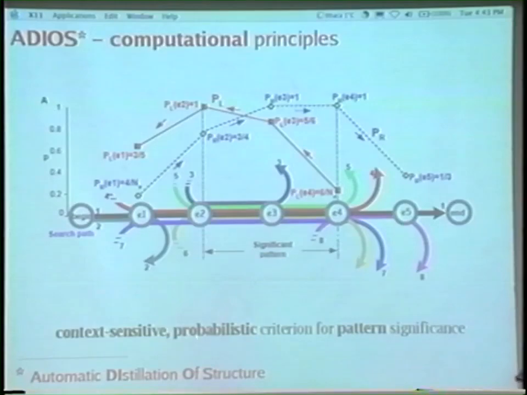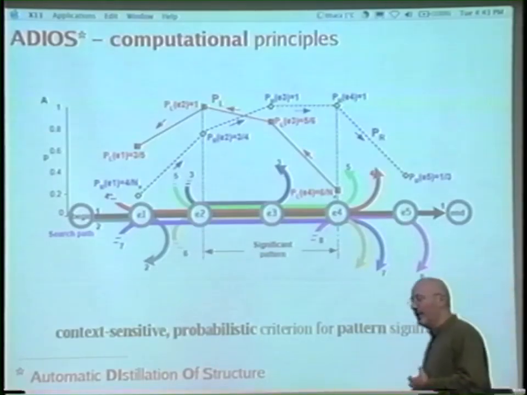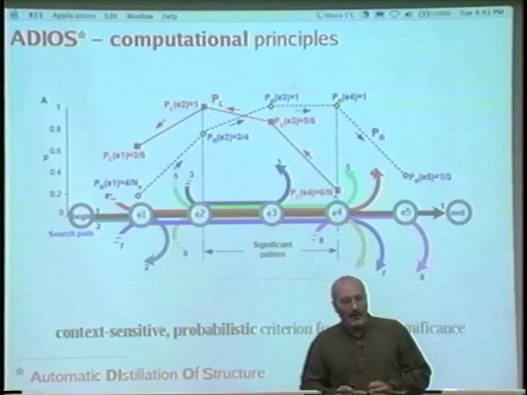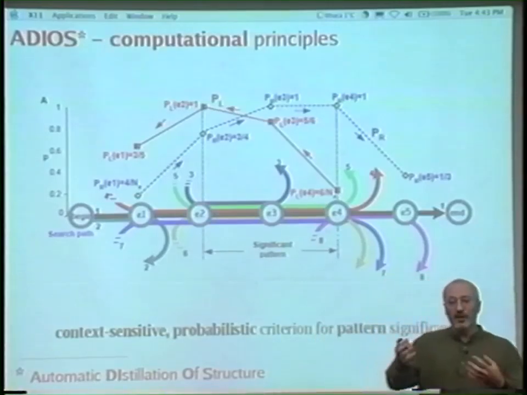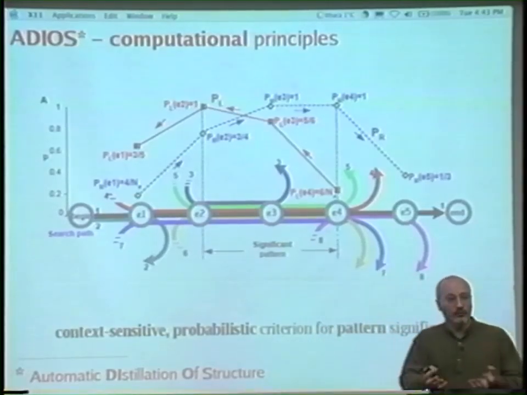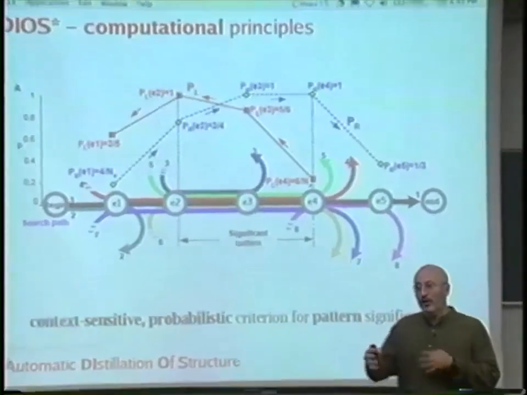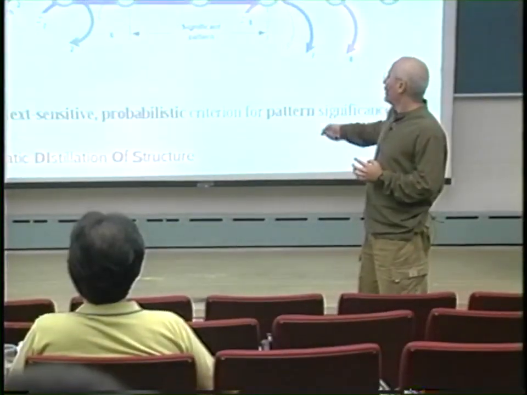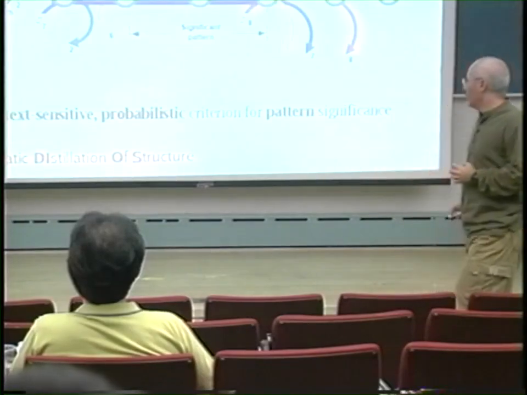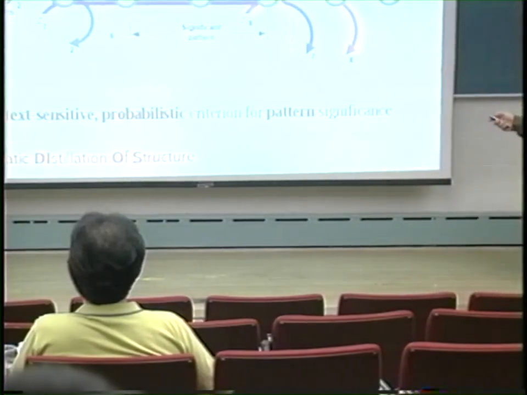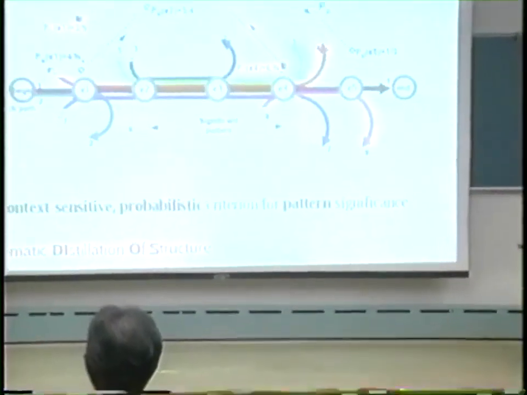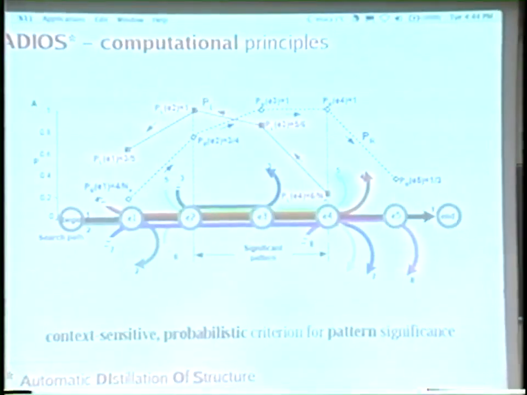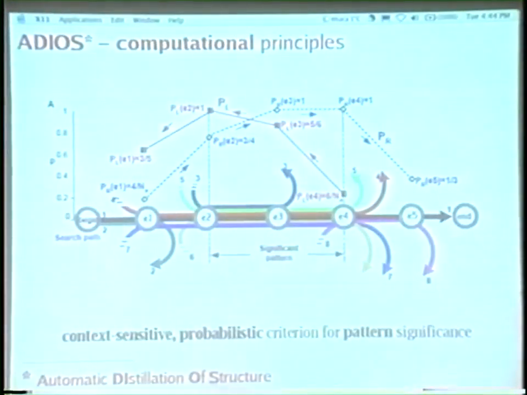So the probabilities are counted in a context-sensitive fashion. So we don't do something like compute the likelihood of the entire corpus given our grammar or candidate grammar and then work back from that. We work on probabilities in a very context-specific manner as described here. So the algorithm we refer to as ADIOS, which stands for automatic distillation of structure.